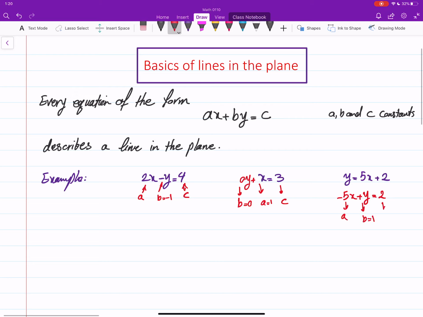Okay, this equation is given, how do you see that it is a line, or how does that in principle give you a line?